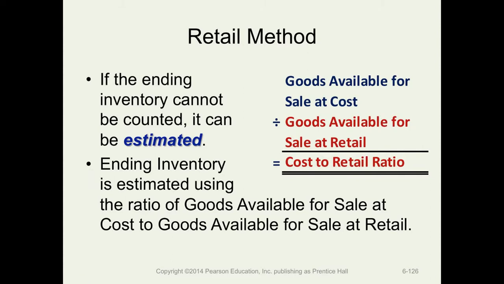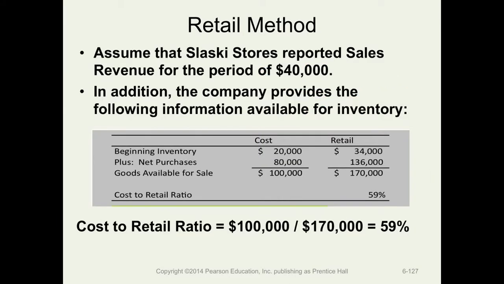So again, here you've got the cost of goods available for sale at cost, divide that by the cost of goods available for sale at retail, and we get the cost to retail ratio. So in our example, let's assume that Slatsky Stores reports sales revenue for the period of 40,000.